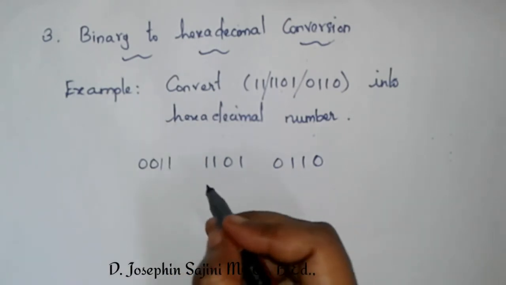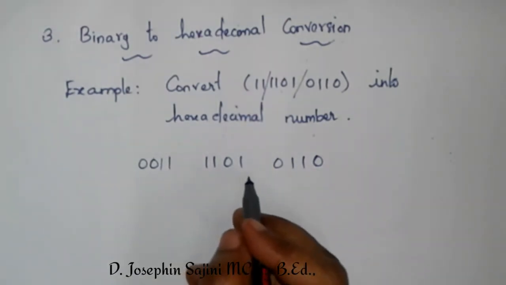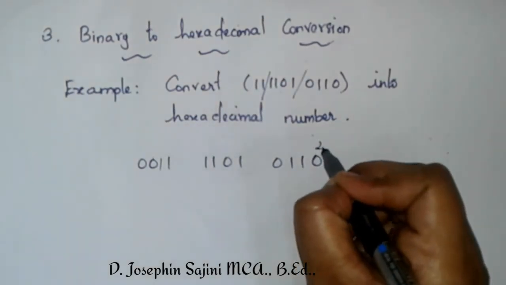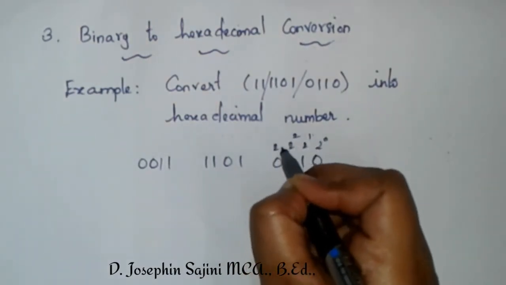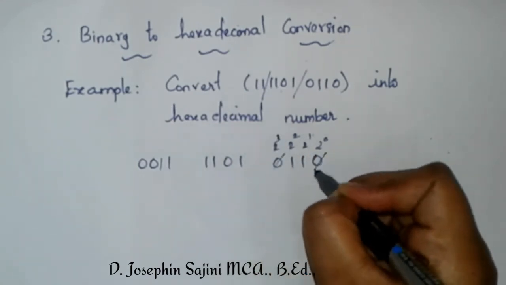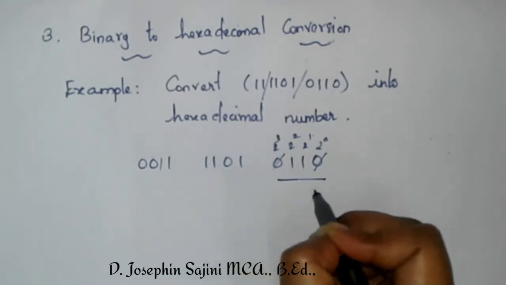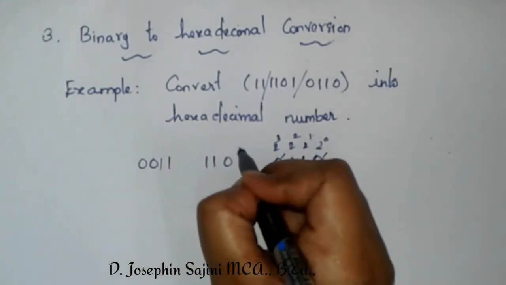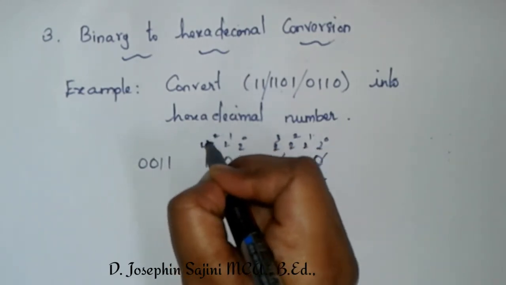Now convert to the equivalent hexadecimal value using the 2's power positional weight method. That is 2 power 0, 2 power 1, 2 power 2, 2 power 3. Eliminate this 0 part. Then 2 power 1 plus 2 power 2, that is equal to 6. Here 2 power 0, 2 power 1, 2 power 2, 2 power 3.